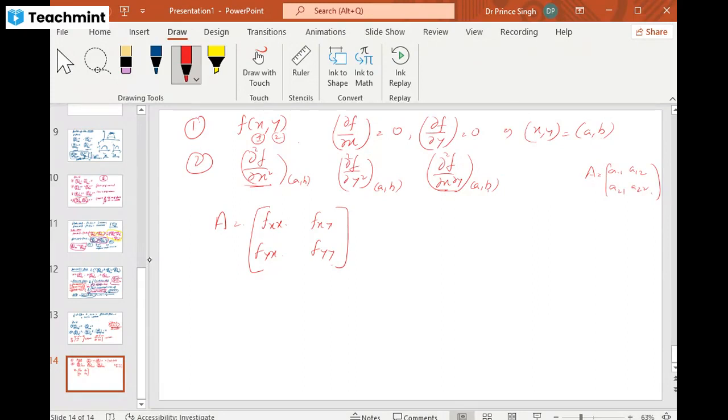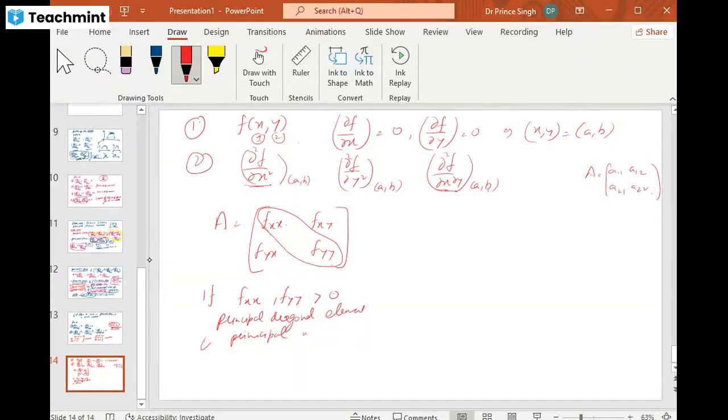And what is the condition of maxima and minima, right? The condition is, if fxx and fyy are positive, meaning the principal diagonal elements are positive, and the principal minors are positive.